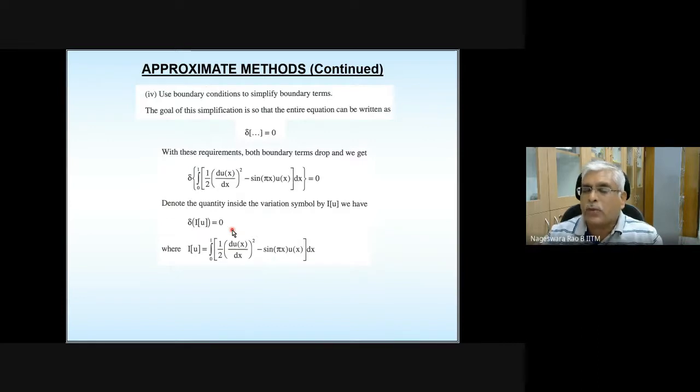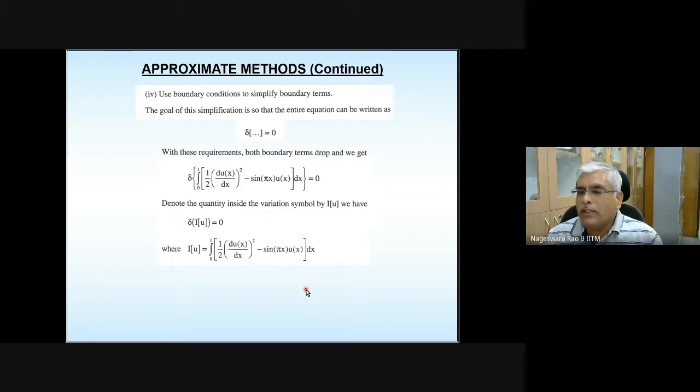So if u is quadratic trial solution, what is second derivative of u with respect to x? You already have all that with you when you did with weighted residual methods. If you want, I will go to that slide once again. What I am saying is, till this point we never assumed what should be the trial solution.